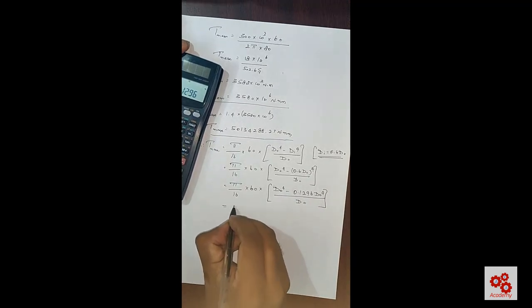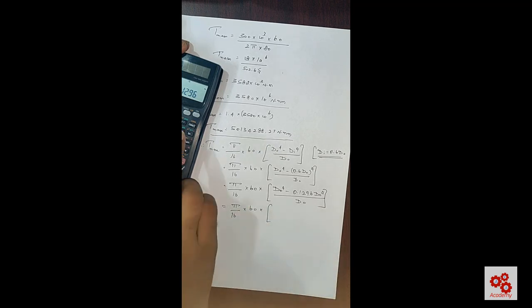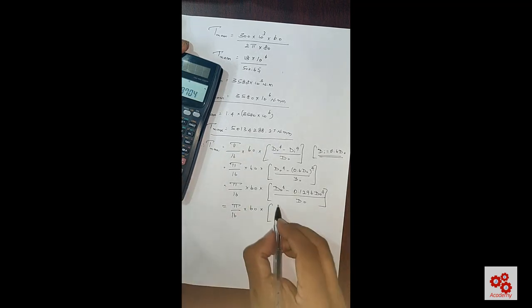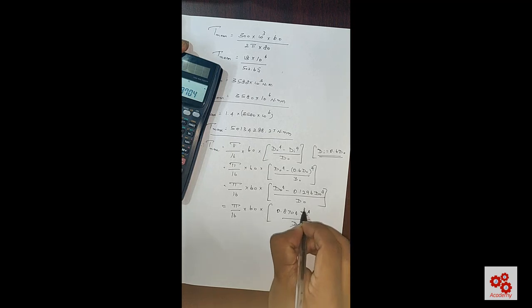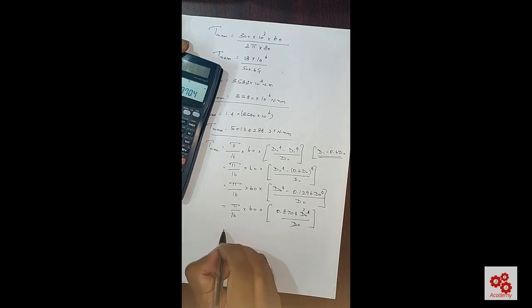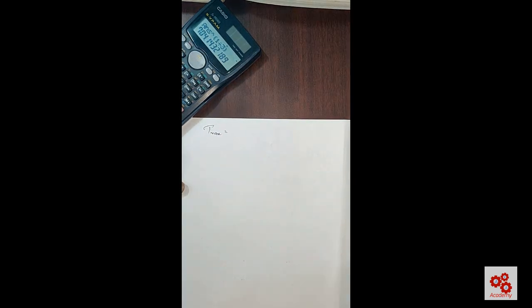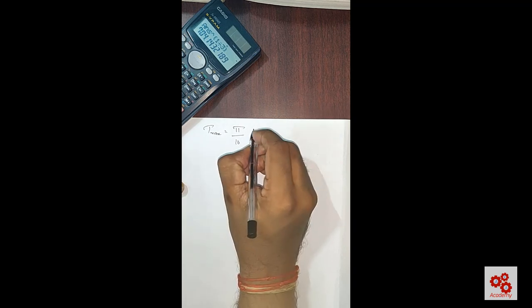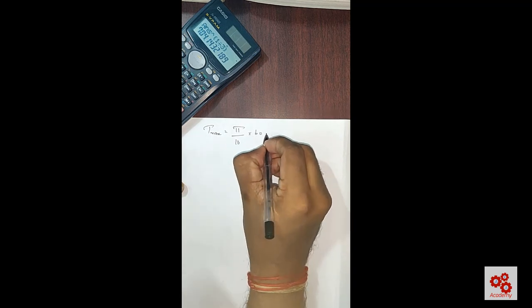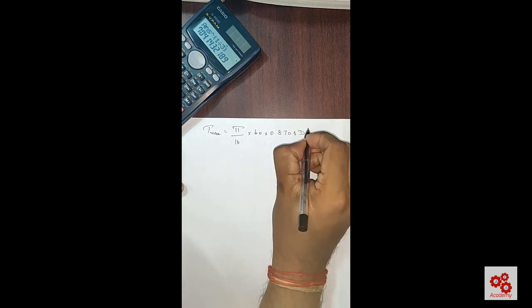Then pi divided by 16 into 60 into 1 minus 0.1296, which is 0.8704, d naught power 4 divided by d naught. This d naught and d naught make d naught cube. Therefore T maximum equals pi by 16 into 60 into 0.8704 d naught cube.